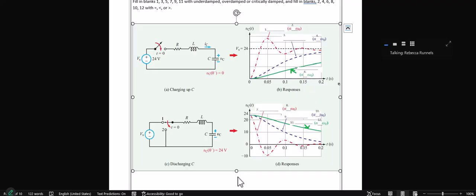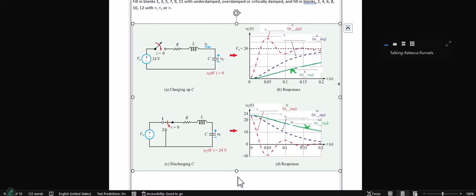If you don't have the critically damped drawn, it's hard to tell whether something is critically damped or overdamped because they kind of look the same. Underdamped, you can tell. Underdamped is the one that's oscillating. But you can really only tell between critically damped and overdamped if you have them to compare to each other.